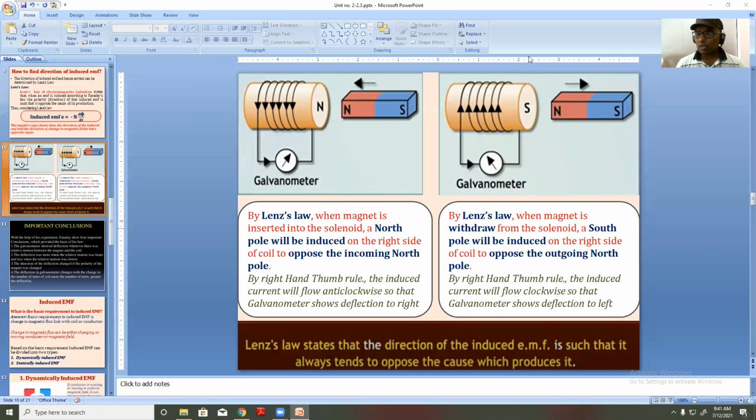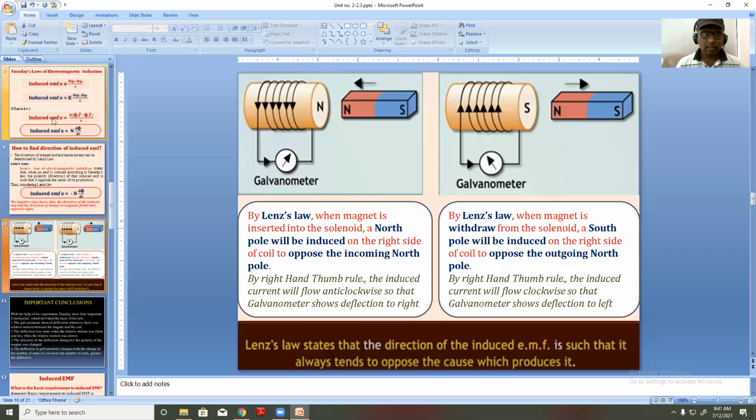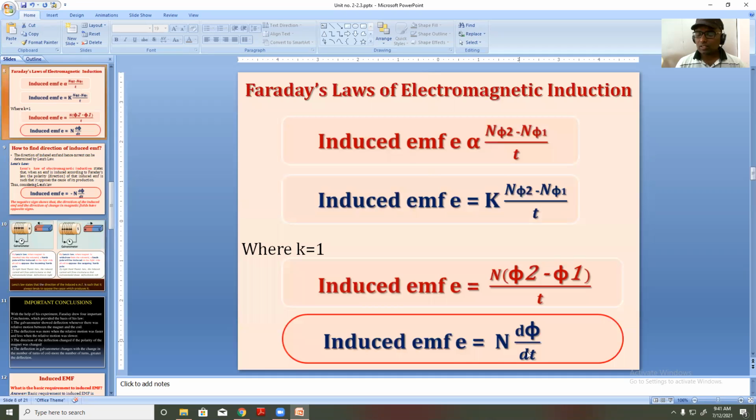According to Faraday's second law, the mathematical equation for the induced EMF is E is equal to N d phi by dt, where d phi by dt is the rate of change of flux.